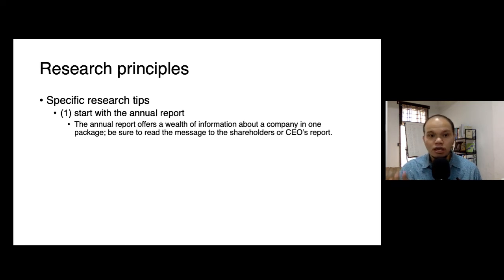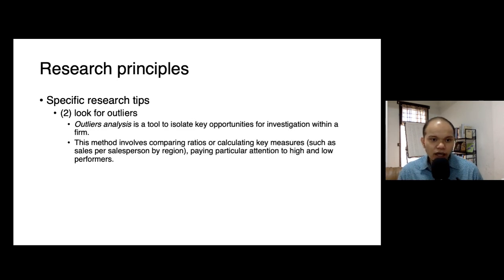But if you're starting in your consulting business and this is the first time that you're dealing with a client, it helps to have some sort of an annual report to help ground your idea of what or who your client is. And then look for outliers. Look for situations that may not exactly be usual or normal, perhaps.